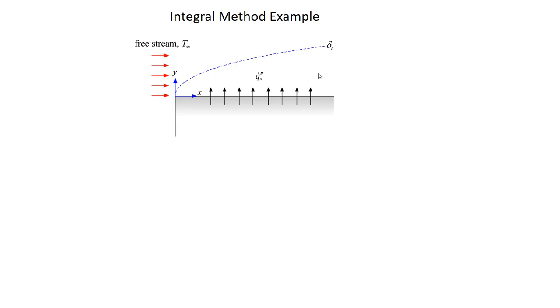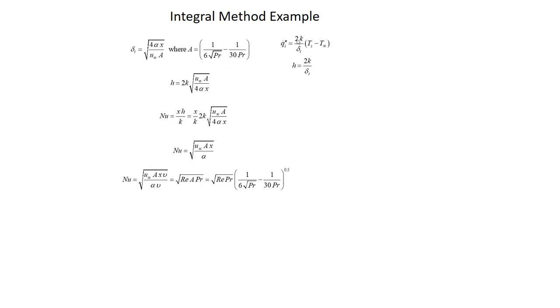I can use this technique to get a solution. When the surface temperature of the plate was fixed, we had a heat flux that was varying. In fact, we could use this equation here to figure out how the heat flux varied with position.